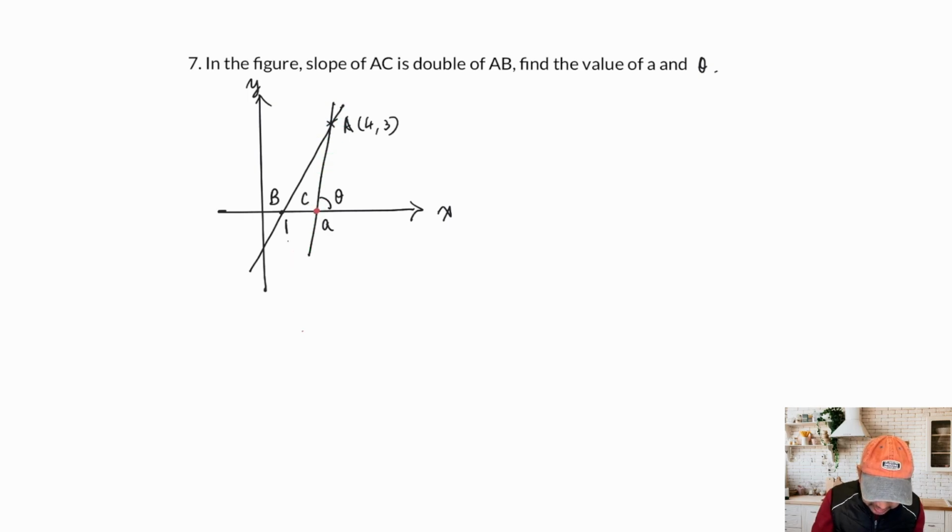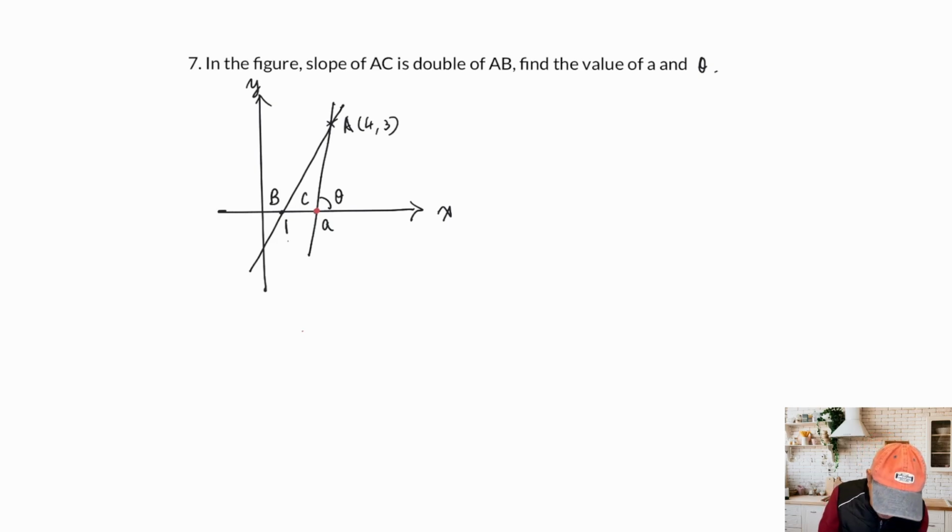Question 7, in the figure, the slope of AC is double the slope of AB. Find the value of A and theta. A is the x-intercept of AC, and theta is the inclination of AC. The information is that the slope of AC is double that of AB. So the first thing we need is the slope of AB.